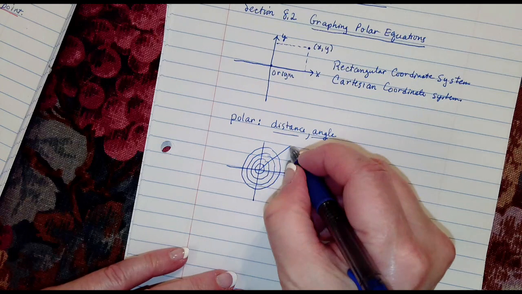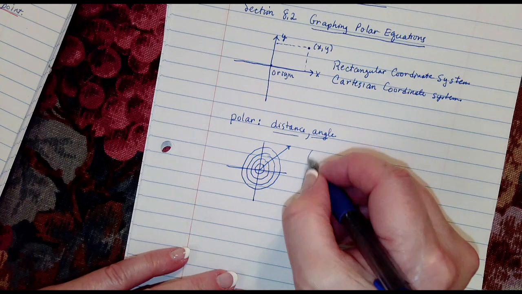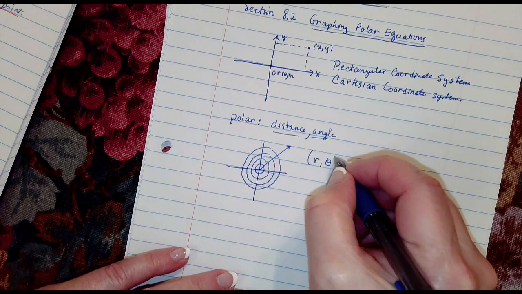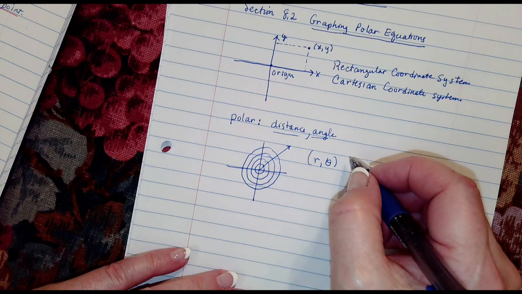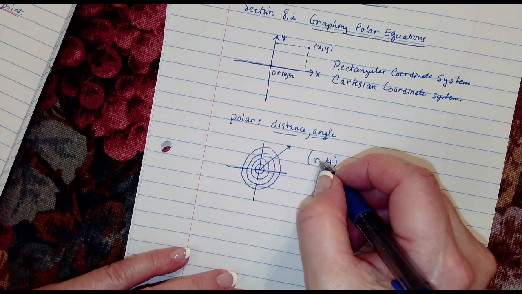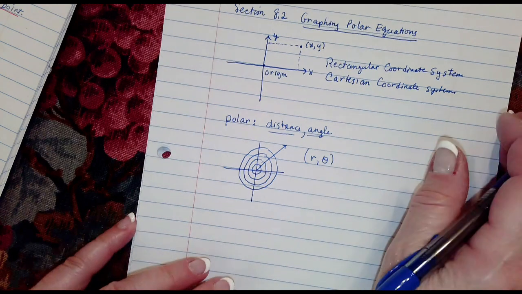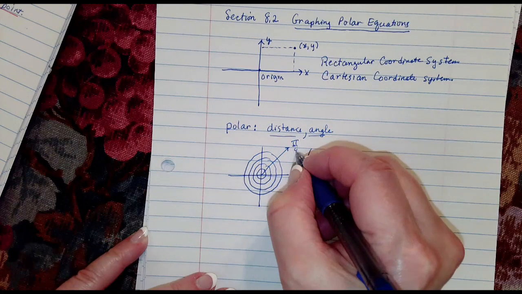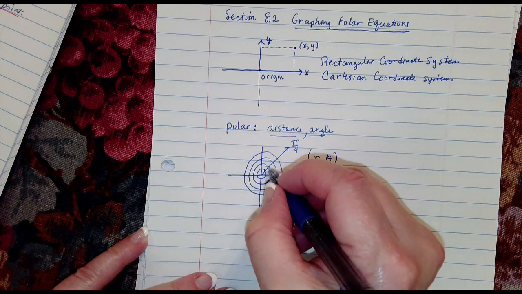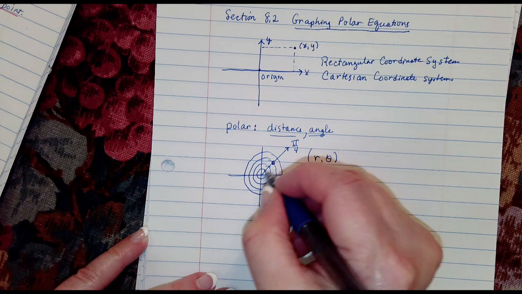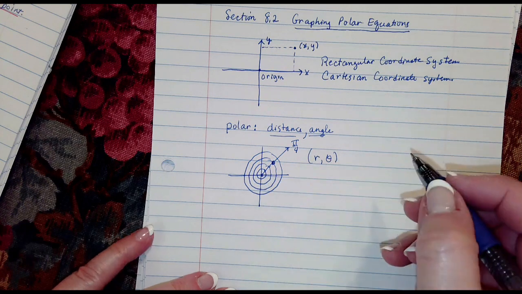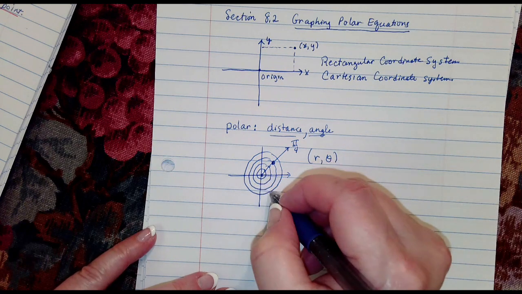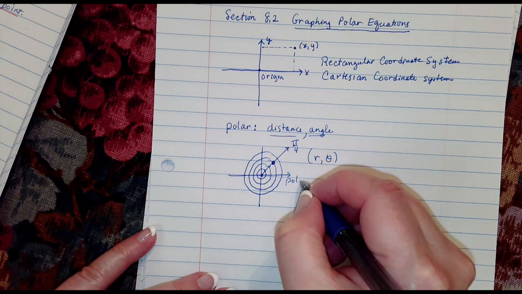So I have r comma theta, instead of x and y like we had up above. r is going to be the distance out and theta is going to be the angle that we're taking. So if this is pi over 4 and I put a dot 1, 2, 3 out from the center, from the pole, this is the pole and this is the polar axis.